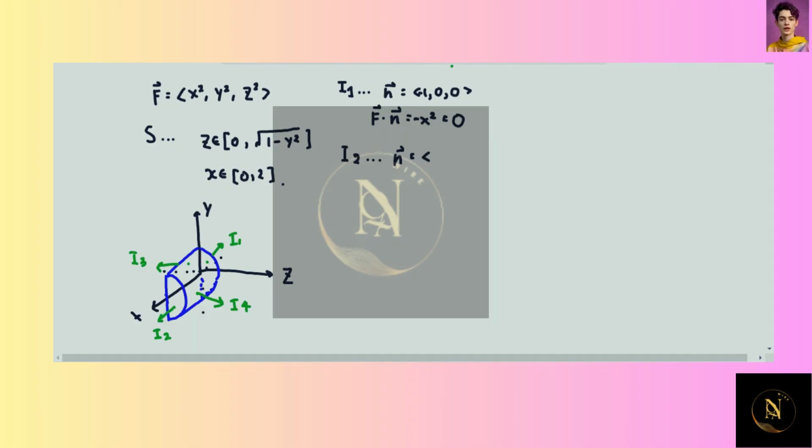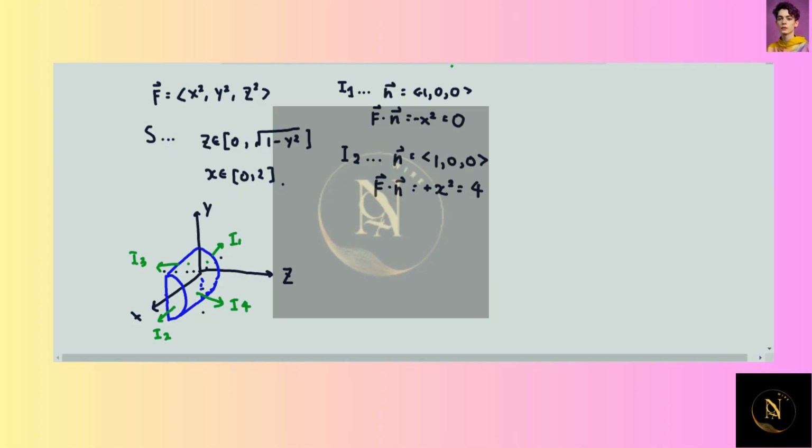Now, x to the positive direction, that's (1, 0, 0). Either way, similarly, we can calculate what F dot n is. Now, this is positive x squared. And here we know that x is equal to 2, so x squared is 4.